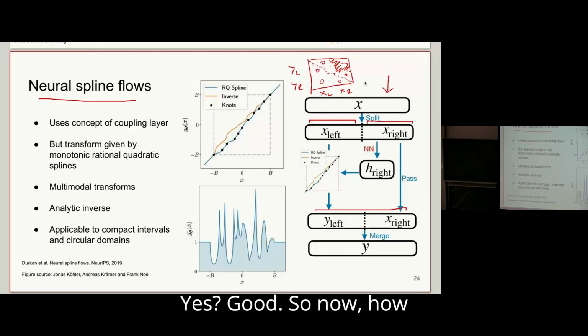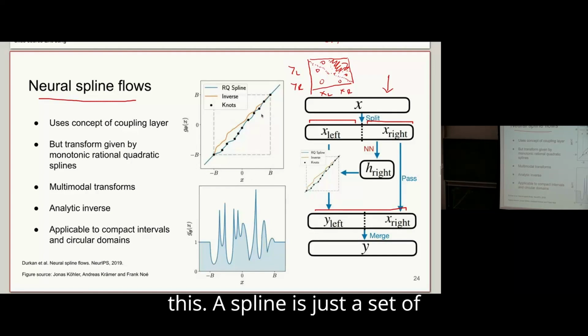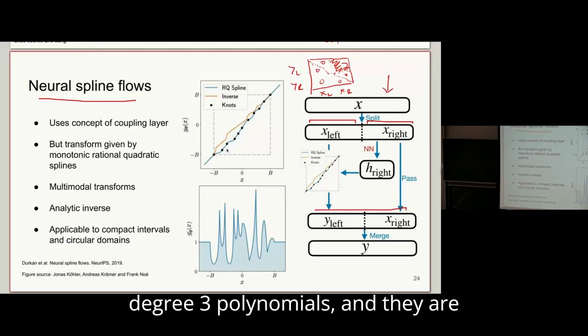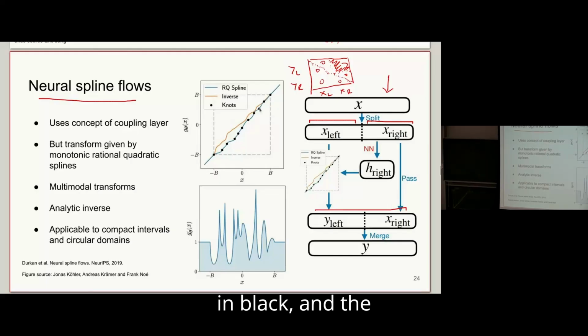Yes? Good. So now, how do you get these dimension-wise transformations? The idea is to use splines. You use a spline model like this. A spline is just a set of degree 3 polynomials, and they are specified by these nodes that appear here in black, and the slope at the nodes. Okay.